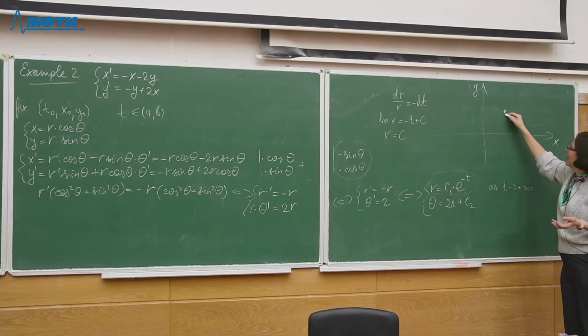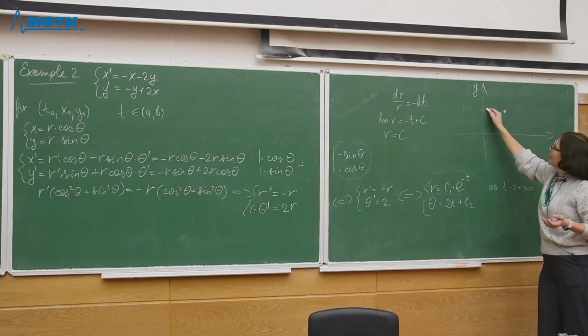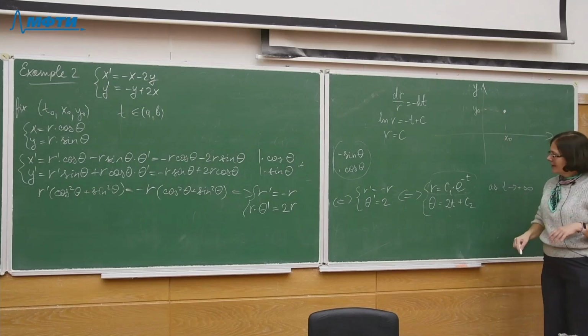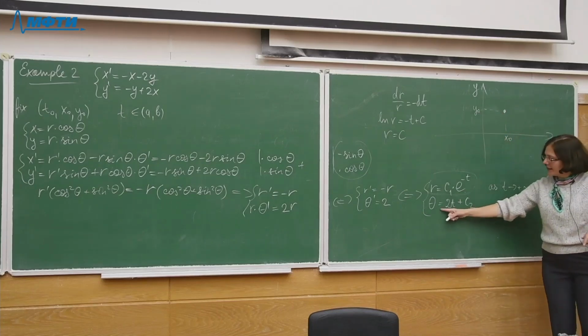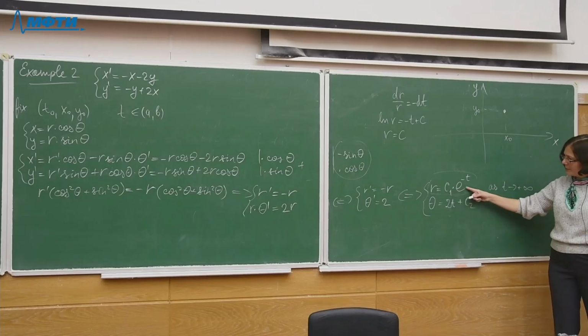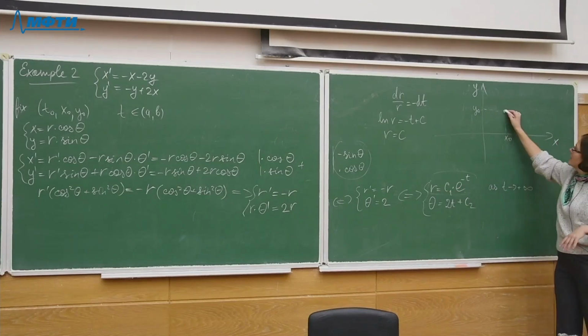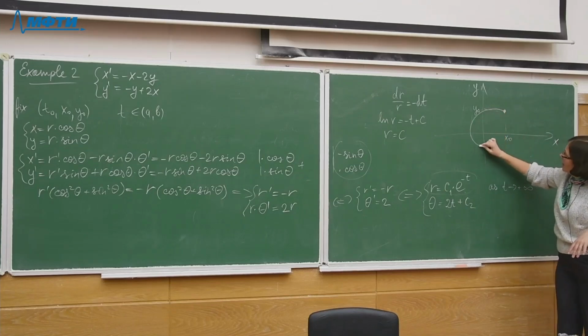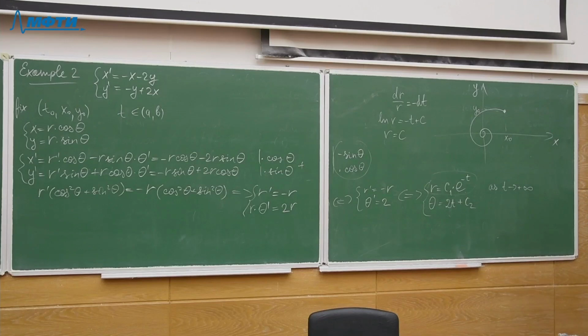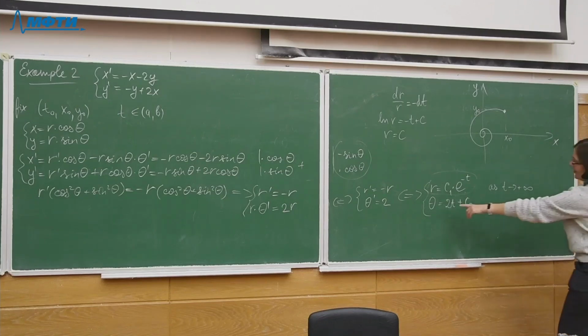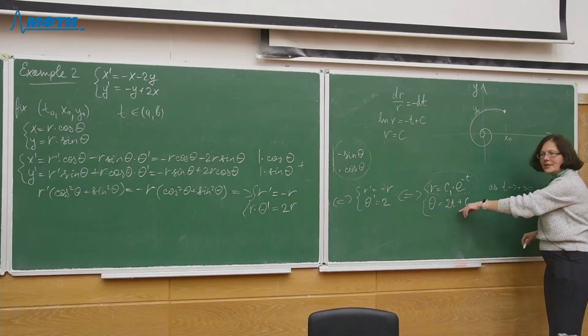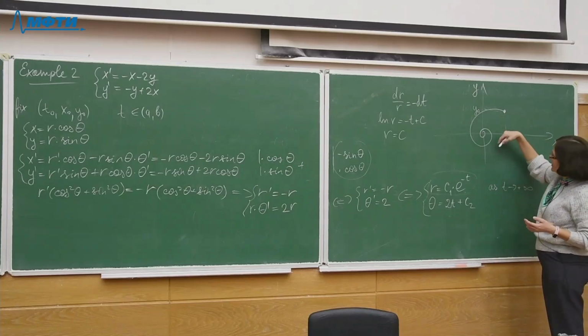We start from x0, y0. And from this, we can see that theta is 2t plus c2 and r is c1 times this. So this means that r approaches 0 and theta varies as 2t plus c2, so something like this.